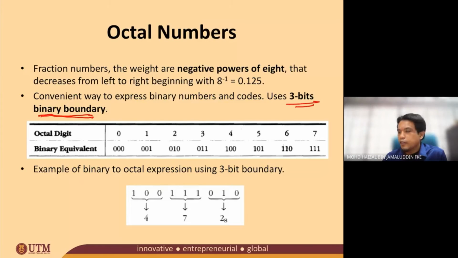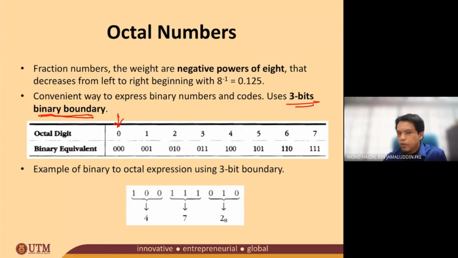So you truncate the binary into 3 bits. For example, octal 0 represents 0, 0, 0. Octal number 1 represents 0, 0, 1. Octal number 2 represents 0, 1, 0, and so on. So 7 represents 1, 1, 1.